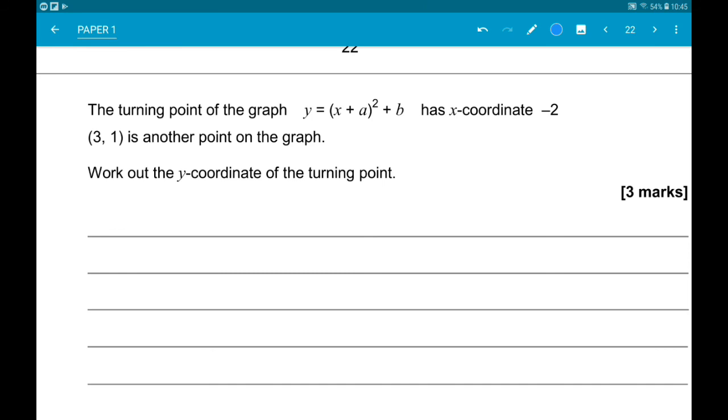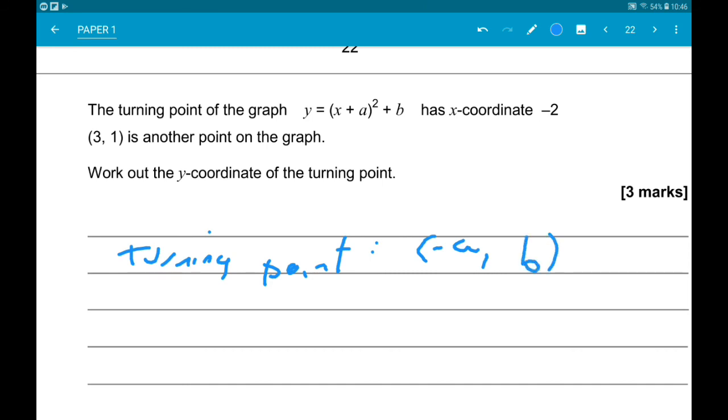Okay, so from completed square form, y equals x add a squared add b, the turning point is at minus a, b.